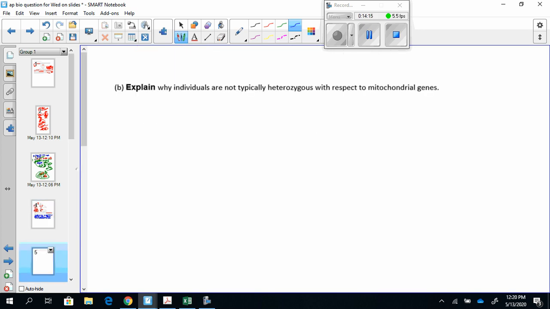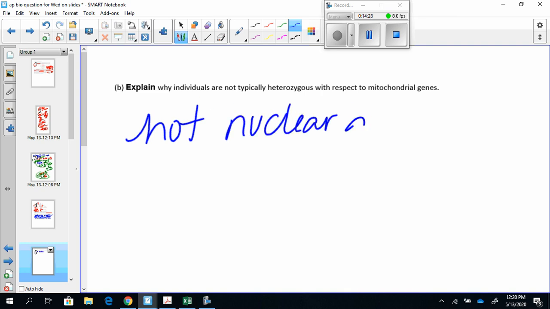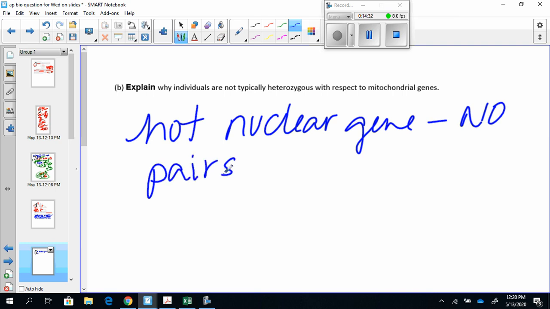All right, next question. Explain why individuals are not heterozygous with respect to mitochondrial genes. So they are not heterozygous because it is not a nuclear gene. There are no pairs, so you don't have 2 alleles.